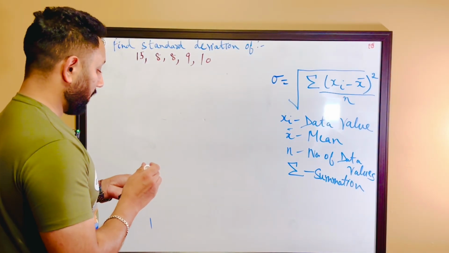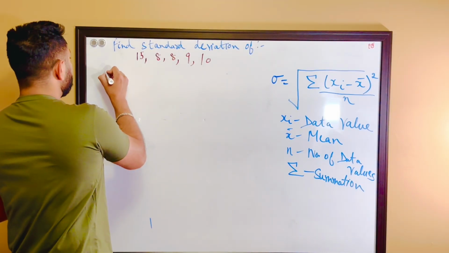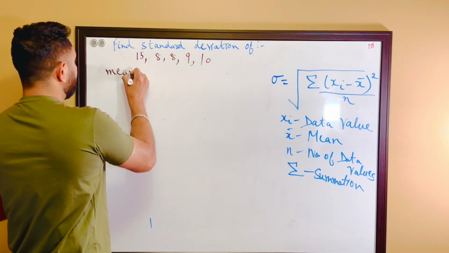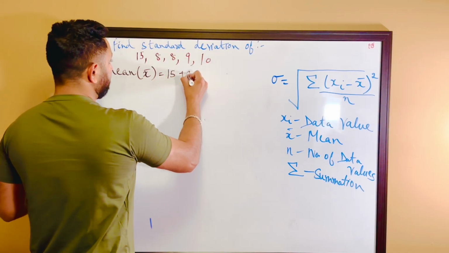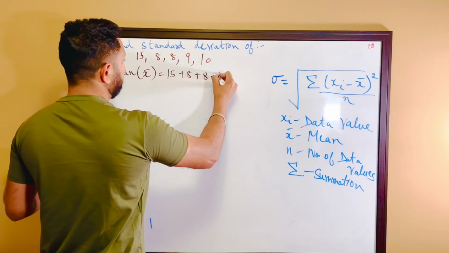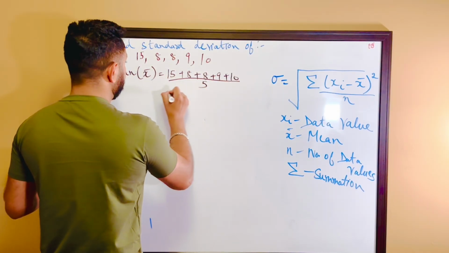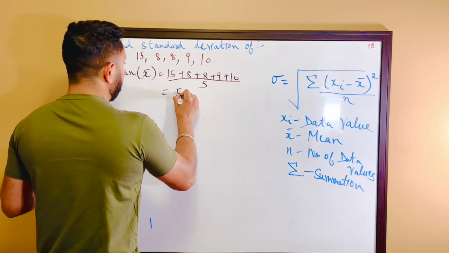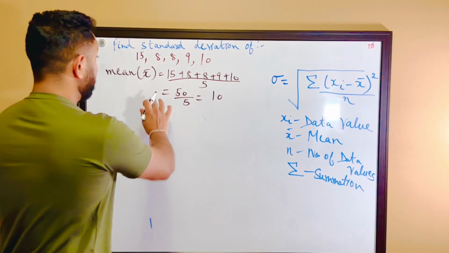So first of all, we're going to calculate the mean of these data values, which is x bar, 15 plus 8 plus 8 plus 9 plus 10, divided by 5. So 50 divided by 5, it comes out to be 10. So the mean is 10.